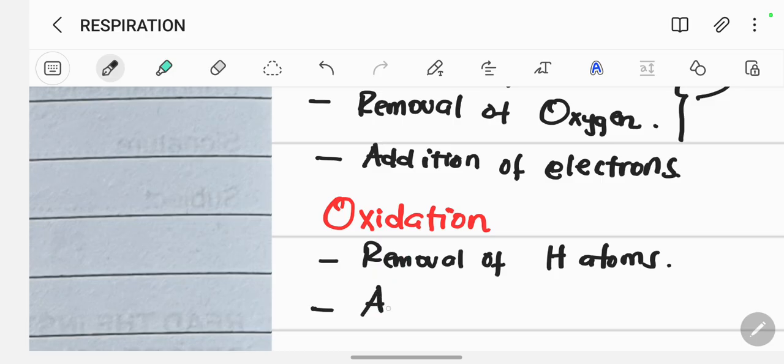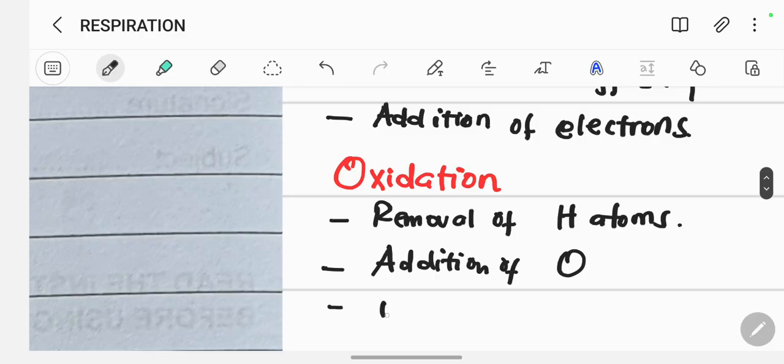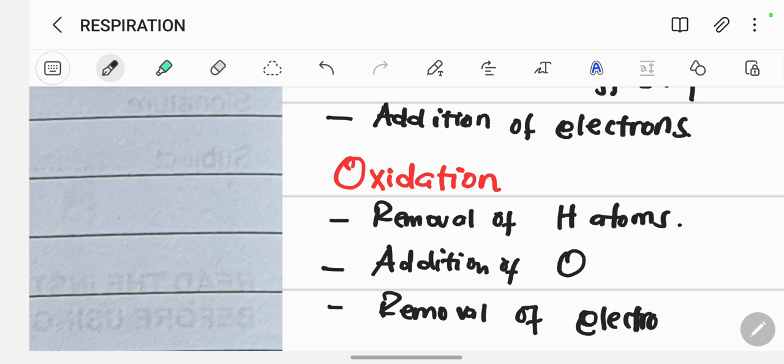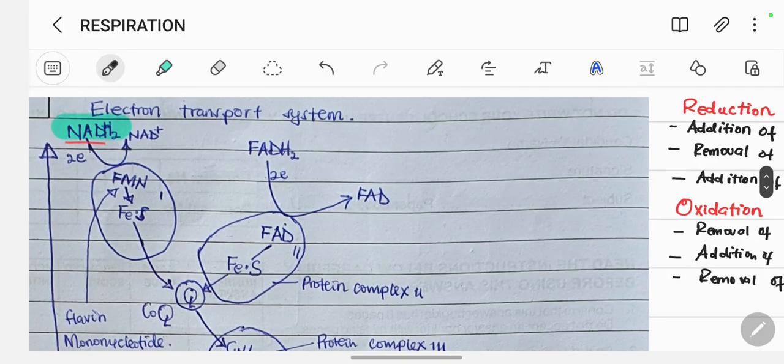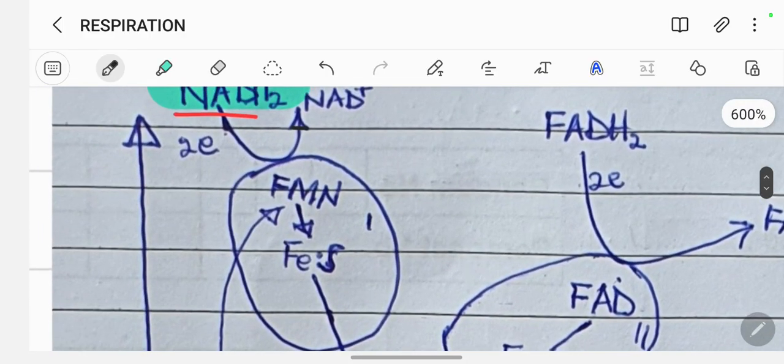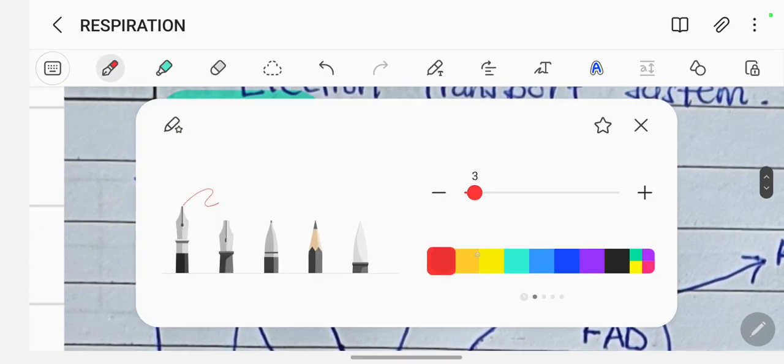Then addition of oxygen, then removal or loss of electrons. So it can also be loss of electrons. These are the series of reductions and oxidations that are going to be taking place.